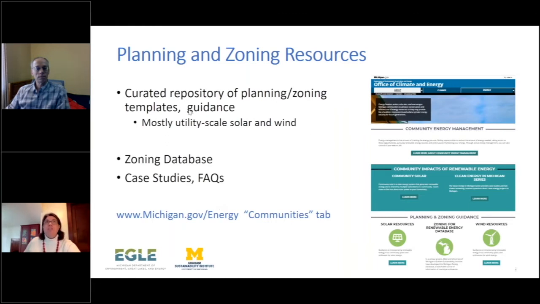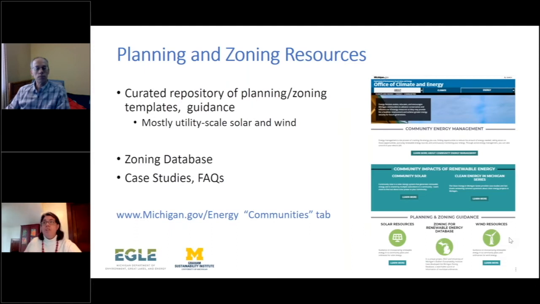First, there's a curated repository of planning and zoning templates, both for solar as well as for wind. Mostly it focuses on utility scale solar and wind, but there's also some template language on zoning, for example, for rooftop solar.